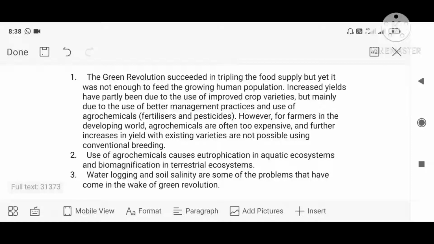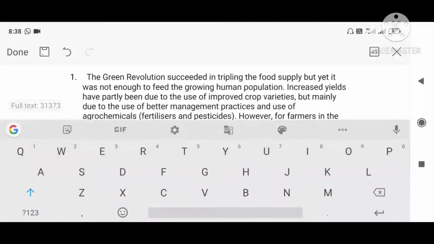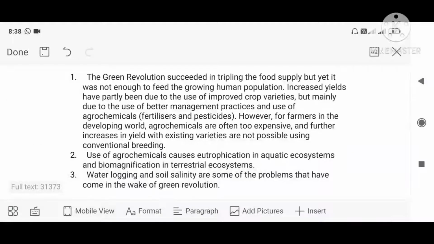And when pesticides get washed off in rain and reach the pond, it causes what? Eutrophication. It is also causing what? Water logging.